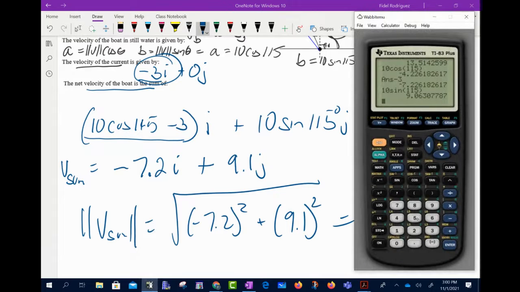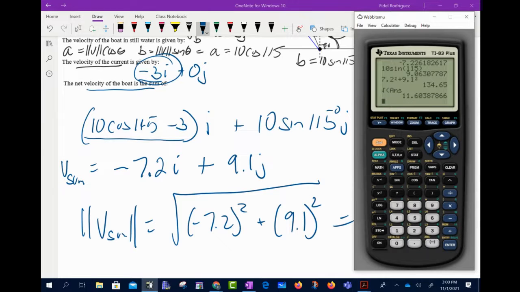Whether it's 7.2 or negative, when we square it, it's going to give me the same thing. Then we take the square root of our answer. To the nearest tenth, the magnitude is 11.6 or 11.7.